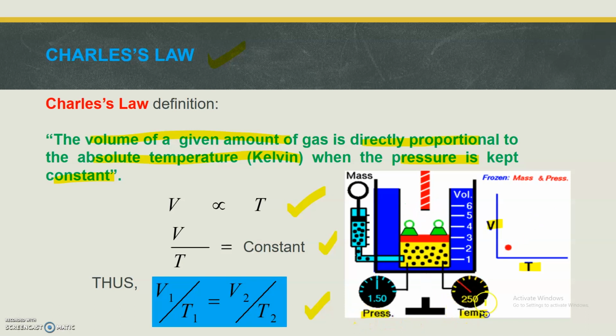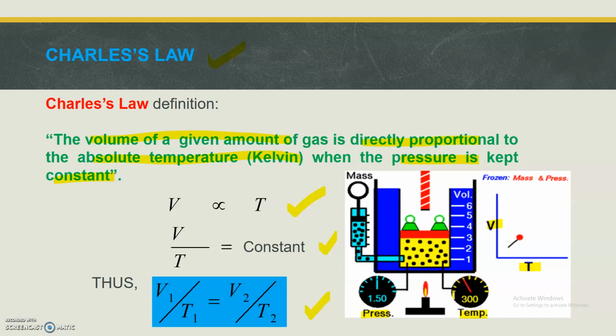Charles's law: the volume of a given amount of gas is directly proportional to the absolute temperature, Kelvin, when the pressure is kept constant. V over T equals a constant, thus V1 over T1 equals V2 over T2.